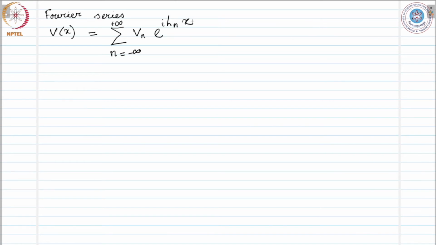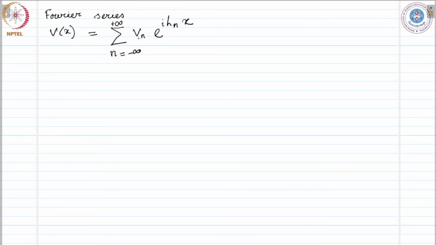In general, if V(x) is not periodic, we have a continuous Fourier transform, but when V(x) is periodic, it's a discrete Fourier transform with discrete Fourier coefficients. Otherwise, we will have continuous Fourier coefficients that can be expressed in terms of integrals.